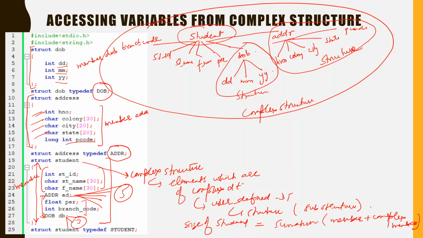So the individual size of a complex member is C1, and the other is C2. Apart from the complex members, the size is C3. So the total size S of the particular structure is C1 plus C2 plus C3. This is how the size of the complex structure is calculated.